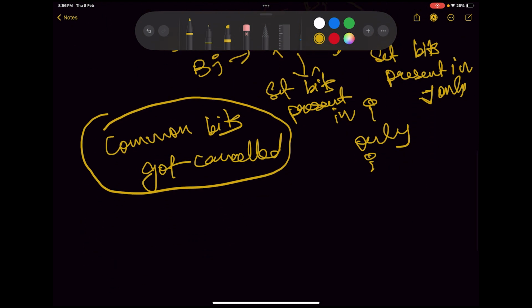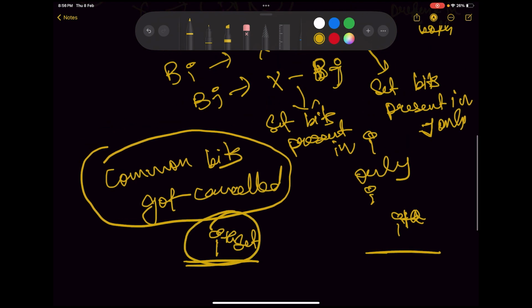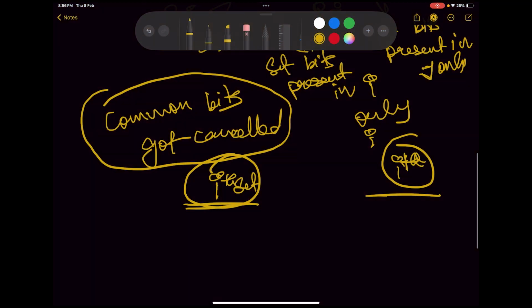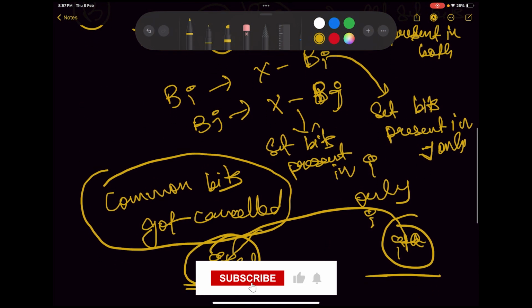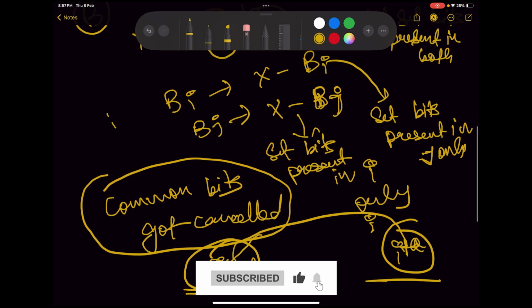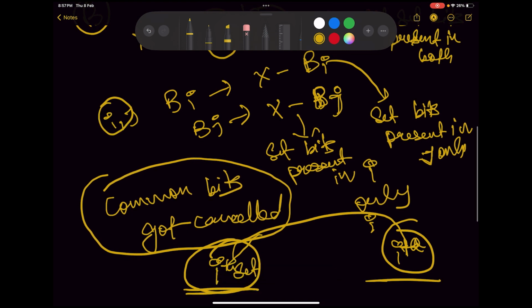So what we have noticed is, if a set bit at the ith position is present in both elements, so if it is present an even number of times, then if we perform the OR operation, these two common bits will definitely get cancelled out, in a pair of 2. As we have chosen i and j, those common bits got cancelled out.